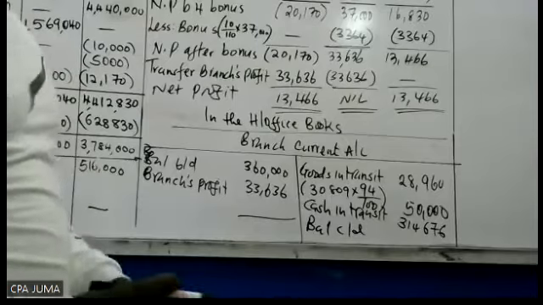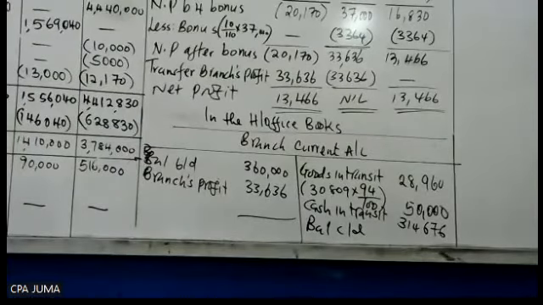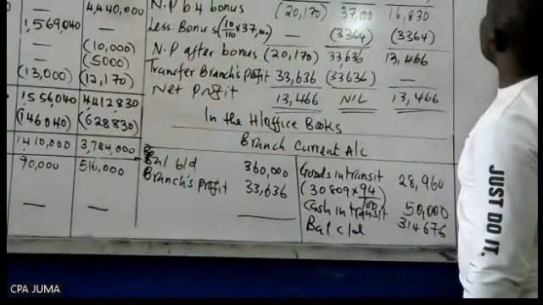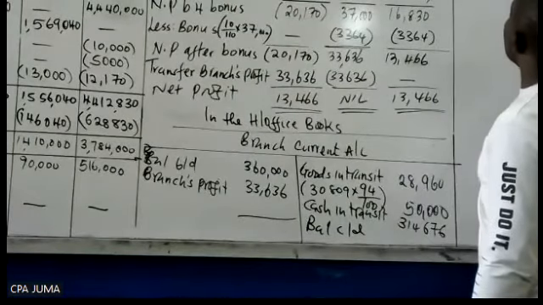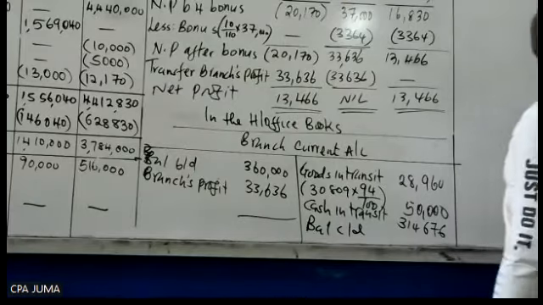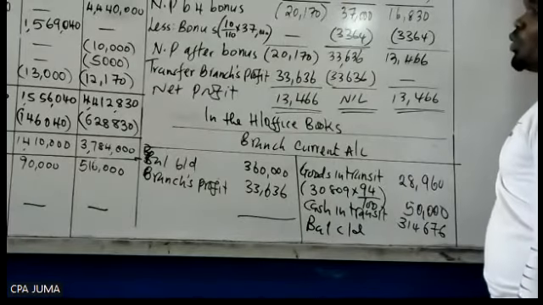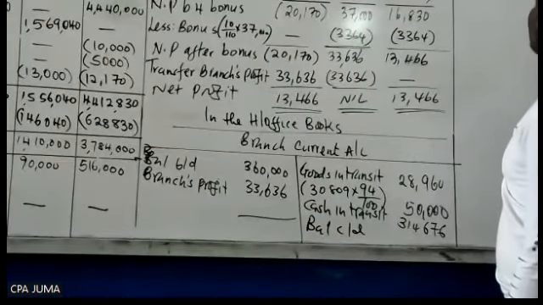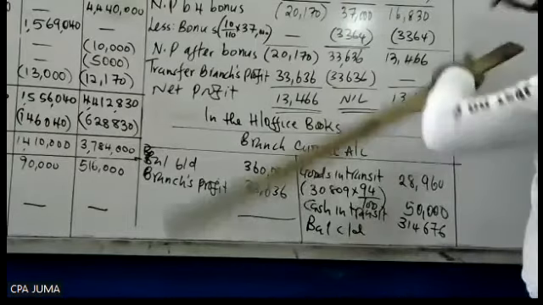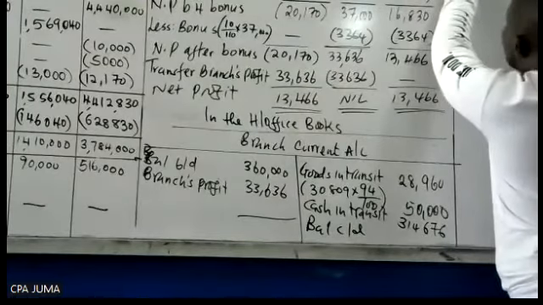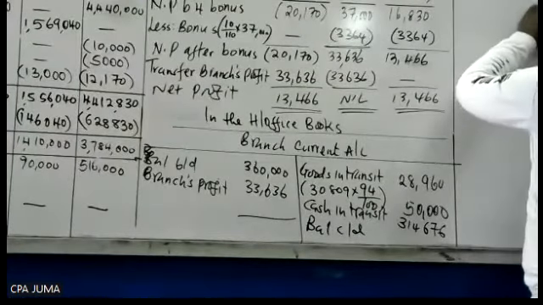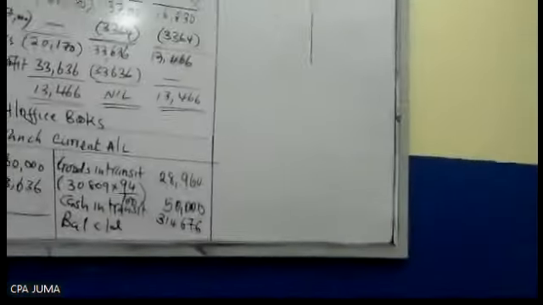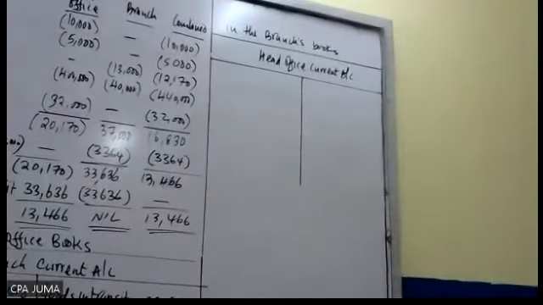In the branch books, you draw head office current account.